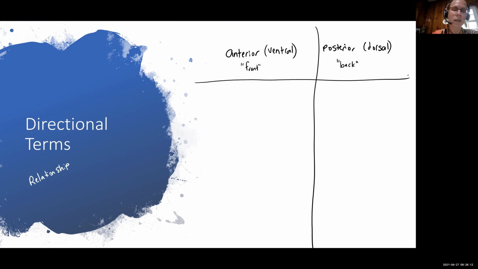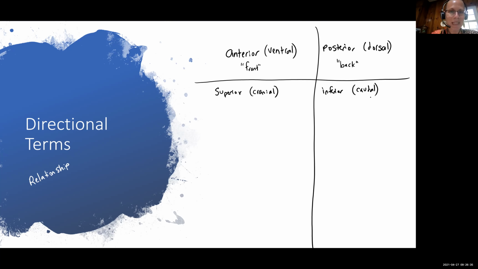Okay, then we can look at superior, or you can think of the word cranial here if you're talking specifically about the head. And then we have the word inferior, or you can use caudal if you're thinking specifically about the tail.